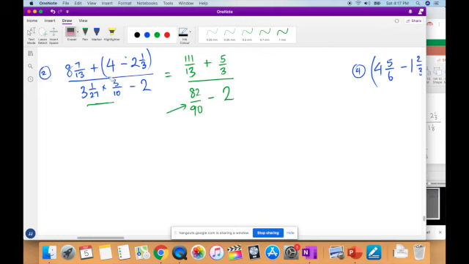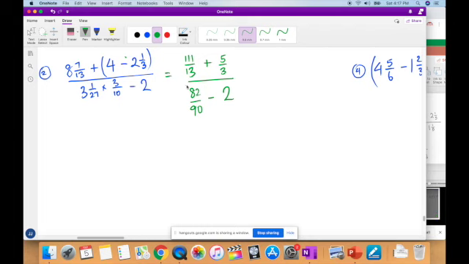Yeah. Alright. So now what? Caitlin, did you start crossing things off here? No. Alright, what do we do now? Sorry? Add the numerator and the denominator.